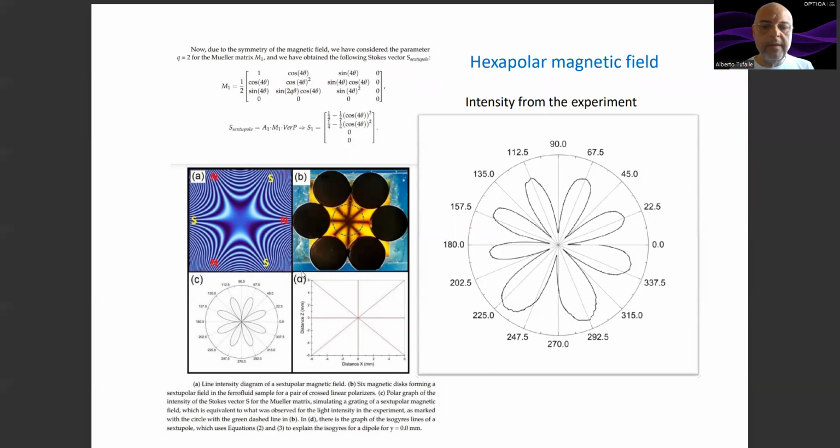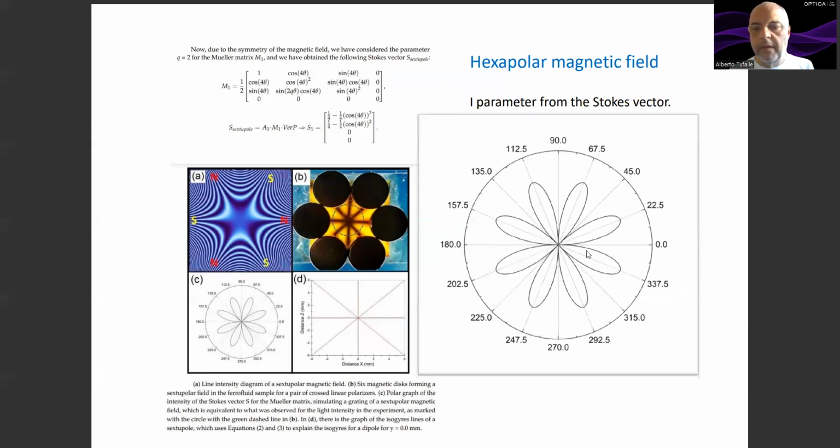We obtained this for the experiment, so we can see the amplitude with these 8 lobes separated by these dark lines that are called isogyres.